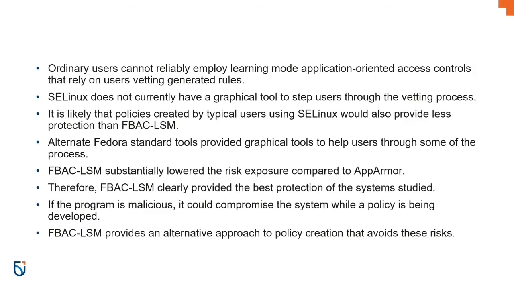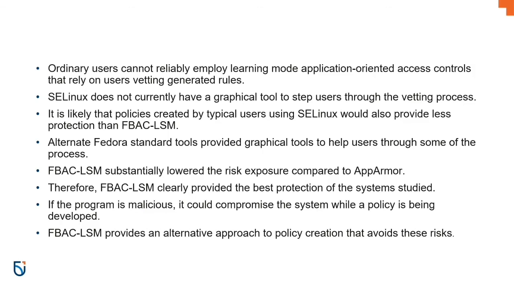SELinux does not currently have a graphical tool to step users through the vetting process. Alternate Fedora standard tools provided graphical tools to help users through some of the process. FBAC-LSM substantially lowered the risk exposure compared to AppArmor. Therefore, FBAC-LSM clearly provided the best protection of the systems studied.